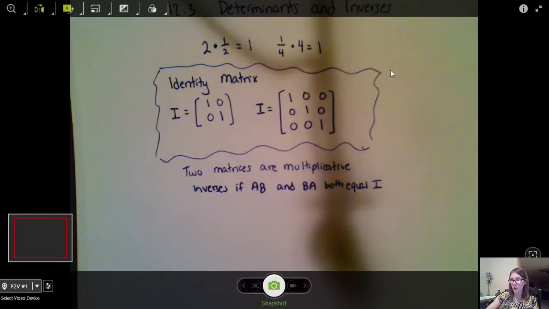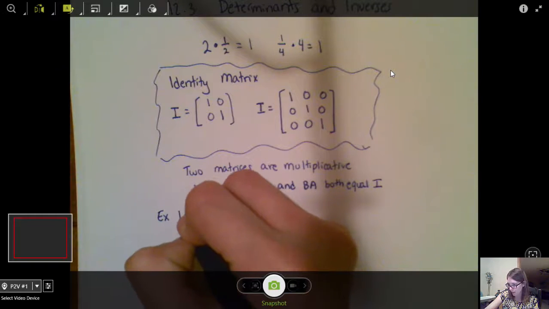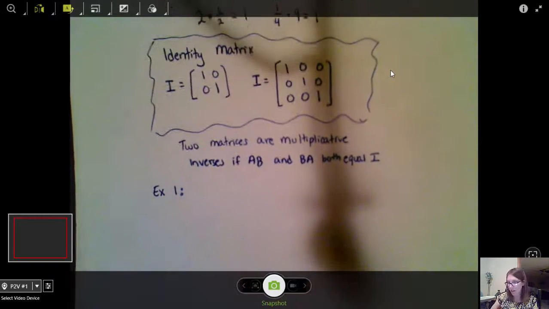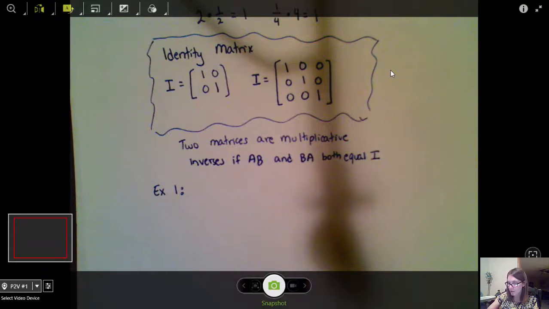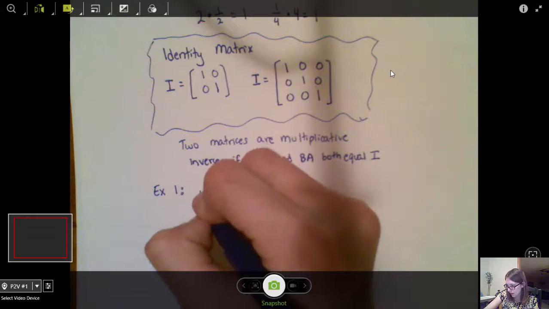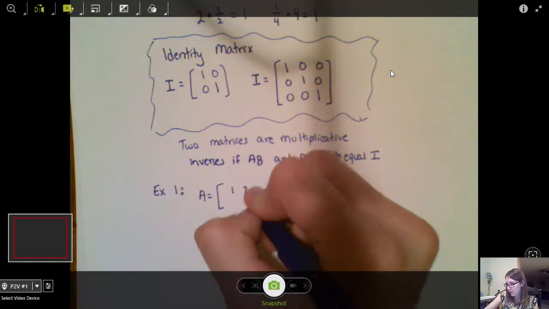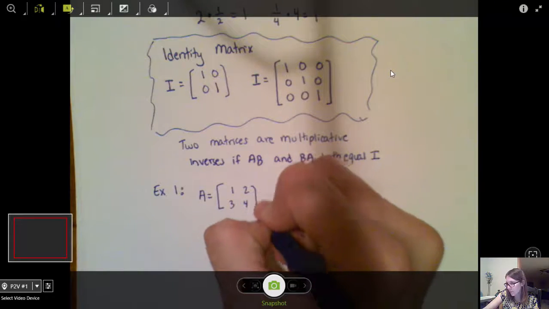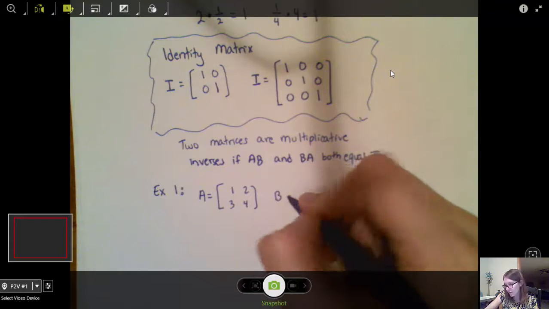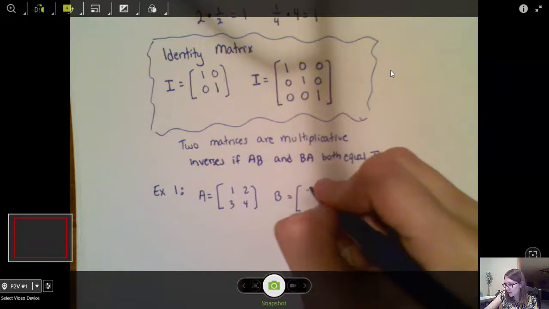Okay, so my first example, we'll actually use our calculators here. I'll just do one example, since it is a calculator process. I have matrix A, and it's a 2 by 2. It's 1, 2, 3, 4. And matrix B is also a 2 by 2.